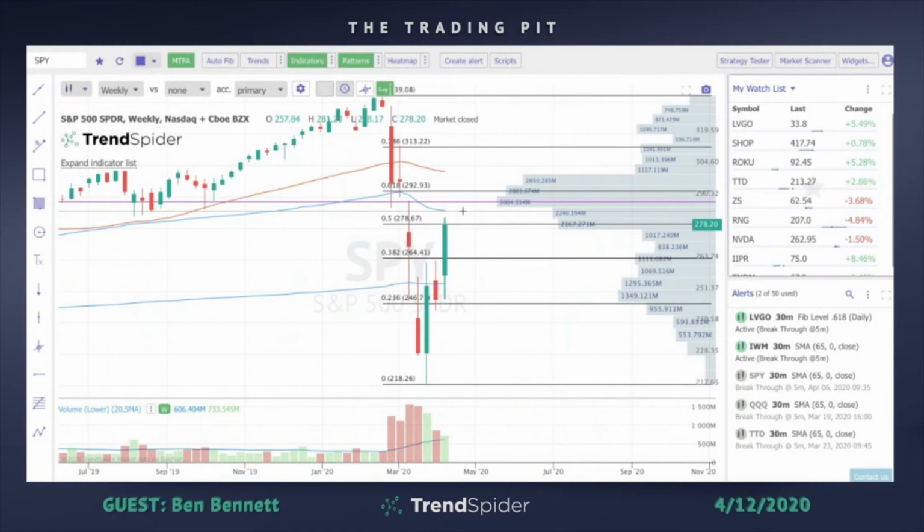So if there was an area that made sense to stall a little bit, or maybe go a little sideways and digest this big gain, this seems like it. I know we closed within 47 cents of the 50% retrace, but I like to think of this as an area, not a single price.